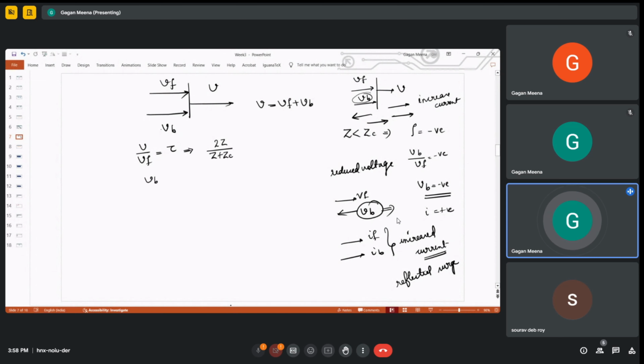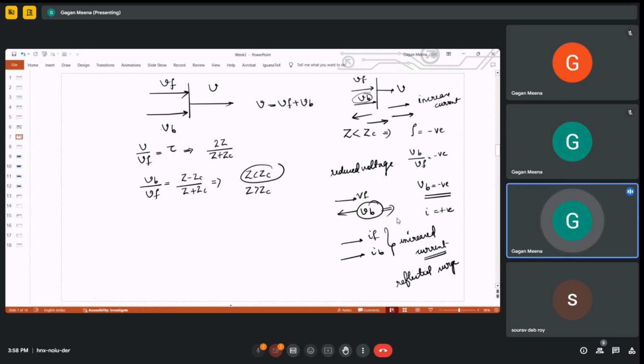And then we also know the reflection wave is like this: V backward by V forward, which is Z minus ZC upon Z plus ZC. And we already saw that there are different cases, Z less than ZC and Z greater than ZC.